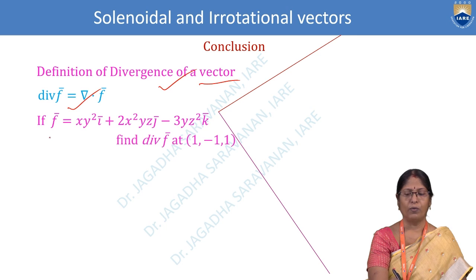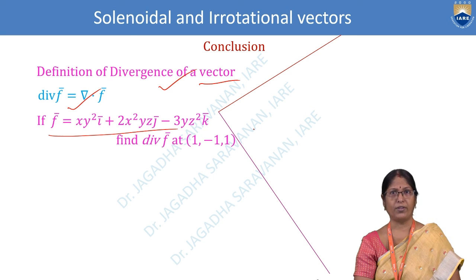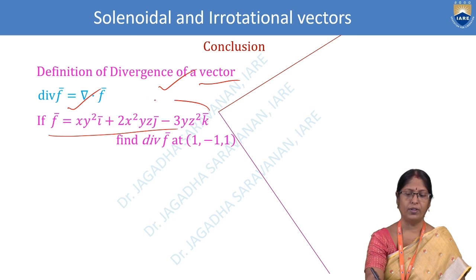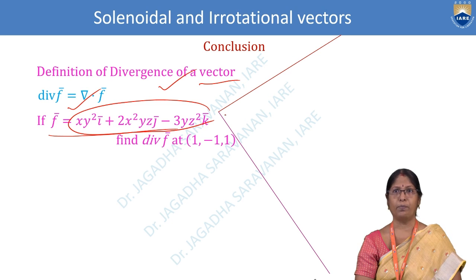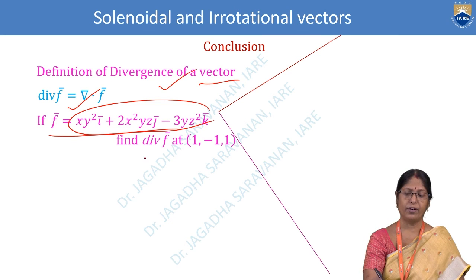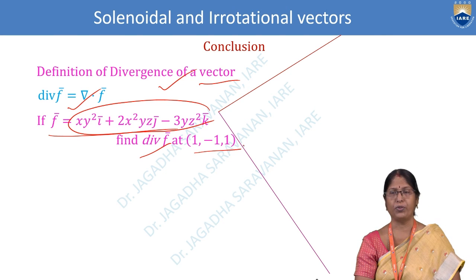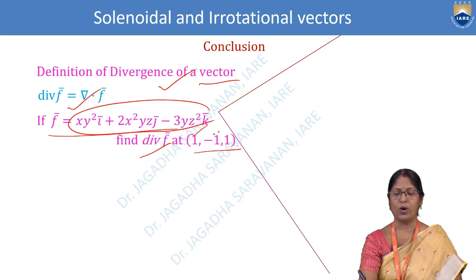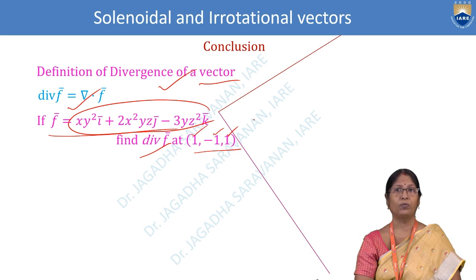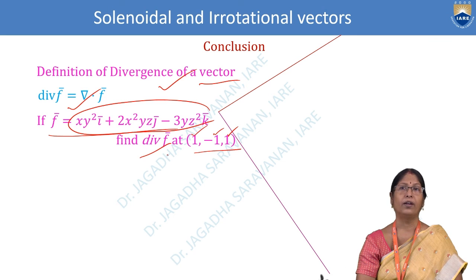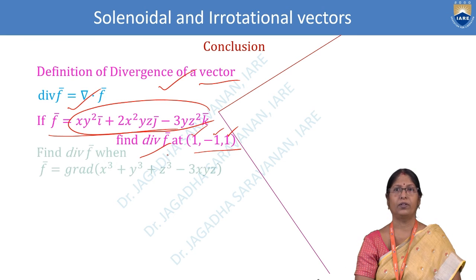One problem we also concentrated on, we took one example, and finally we calculated divergence f and substituted the values of the point x, y, z in the final result.